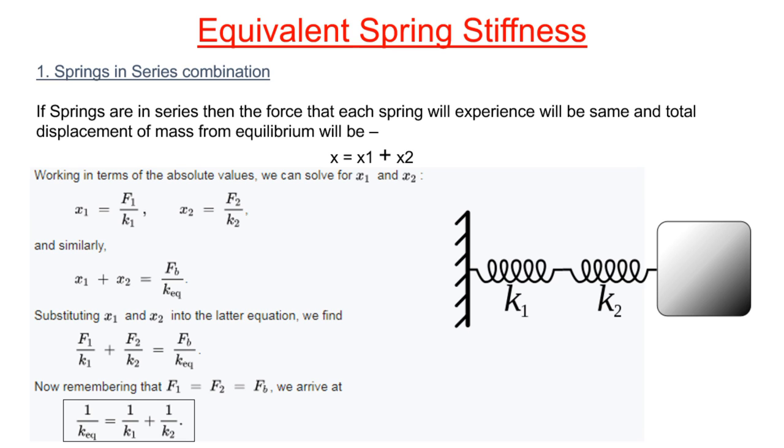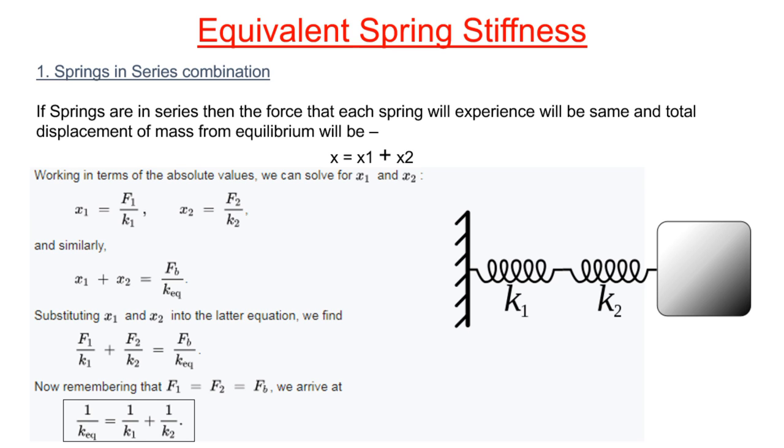You are knowing that if springs are in series, force will be equal in all. F1 is equal to F2 is equal to Fb. Therefore, it will cancel out, and the remaining equation is, sorry, 1 upon k equivalent is equal to 1 upon k1 plus 1 upon k2.